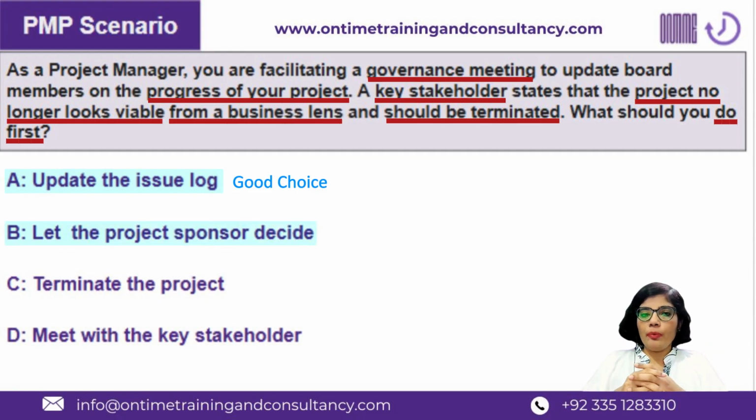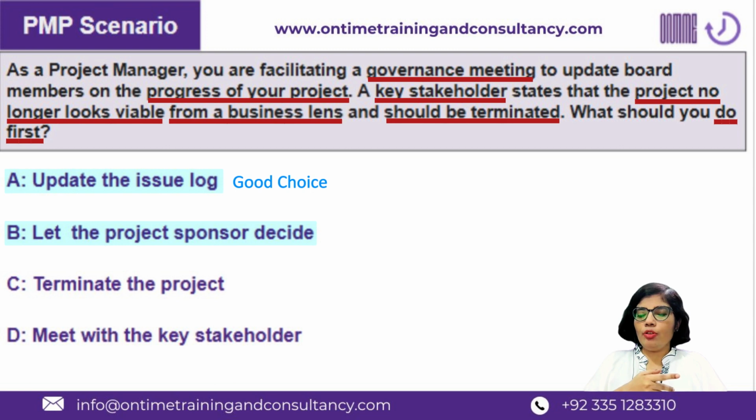So let's check the other options. B, let the project sponsor decide. Eventually, if there is substance in this opinion by the key stakeholder, then based on further findings with the project team, stakeholders, and governance members, the project manager will eventually conclude that yes, the key stakeholder is right, and the project does not make strategic sense anymore and should be discontinued.